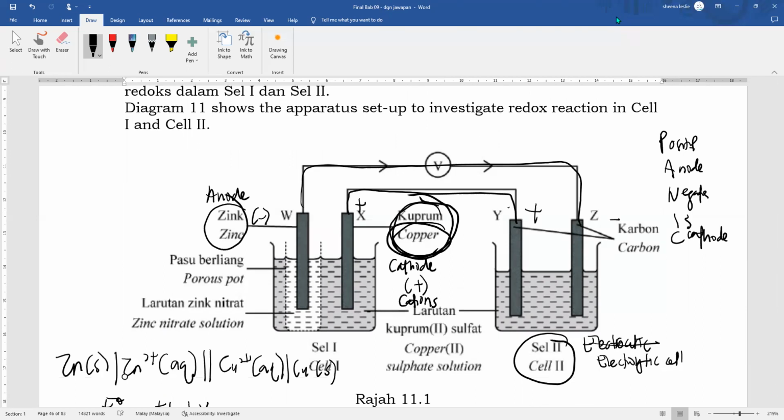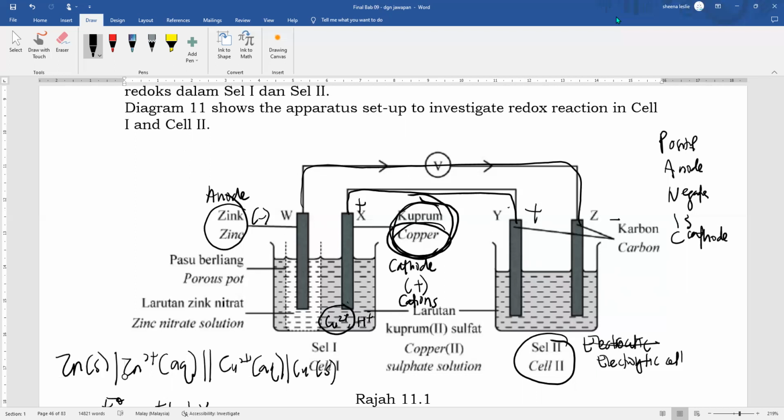Yes, teacher. Okay, so what are the cations going to my cathode here? The Cu2 plus and H plus. Okay, which one will be selectively discharged? H plus. Wrong, Cu2 plus. Why is it Cu2 plus?